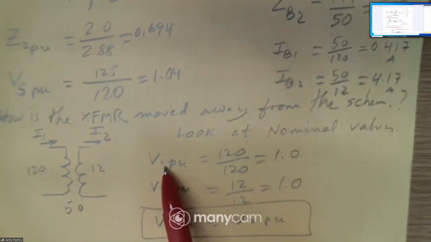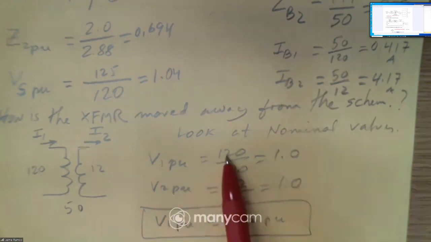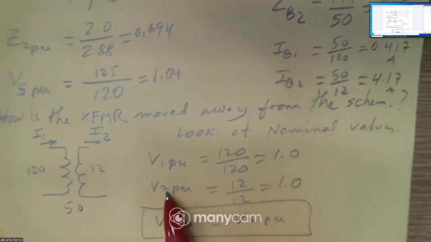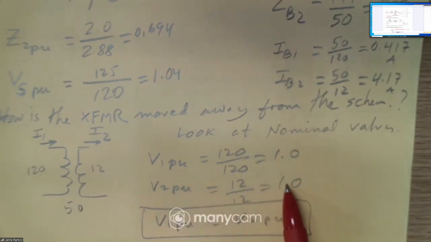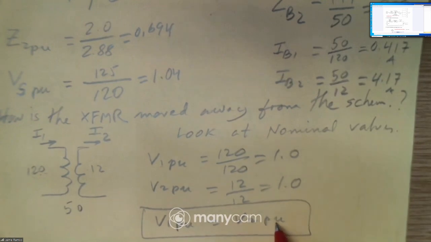The per unit base of the primary is 1.0. The per unit base of the secondary is 1.0 also. Therefore, per unit voltage primary equals per unit voltage secondary.